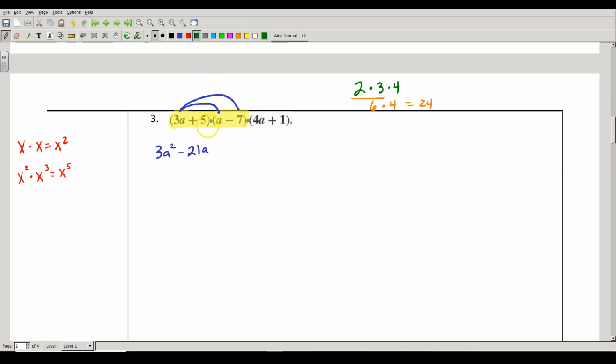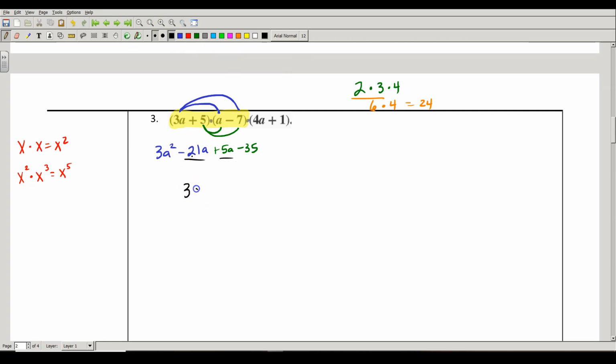Then we're going to continue and distribute the 5 to each of those terms as well. So 5 times a is 5a, and 5 times negative 7 is minus 35. So this is just the first multiplication. I'm going to go ahead and combine my like terms. We can combine the a terms.